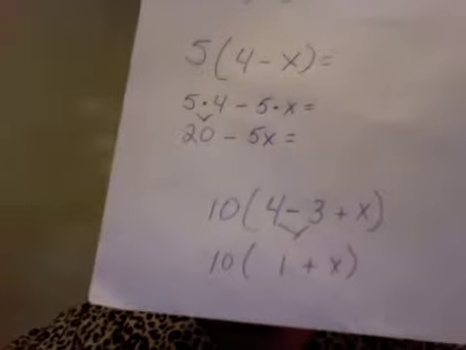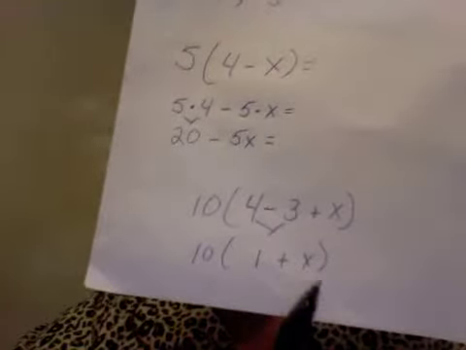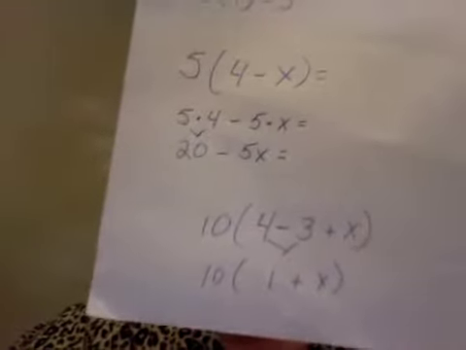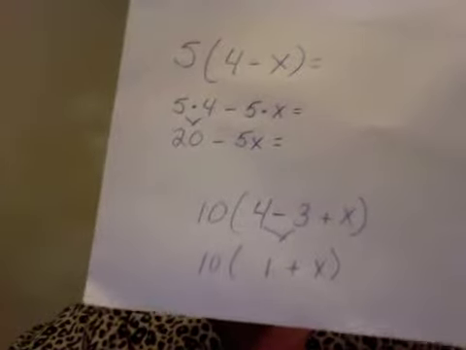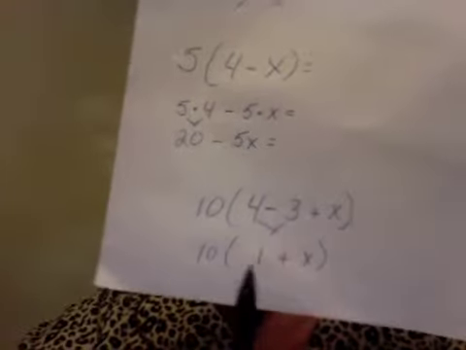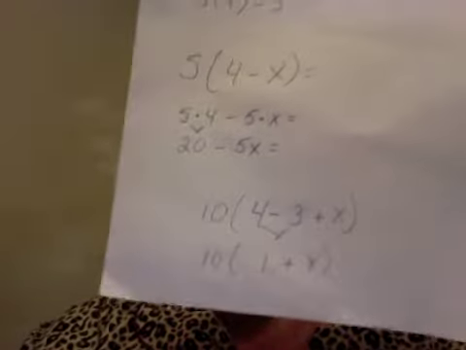So 4 minus 3 is 1. Okay, so this problem now becomes 10 parentheses 1 plus x, close parentheses. Not very difficult.